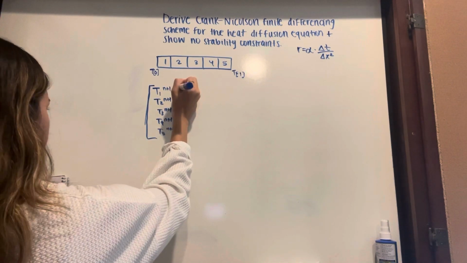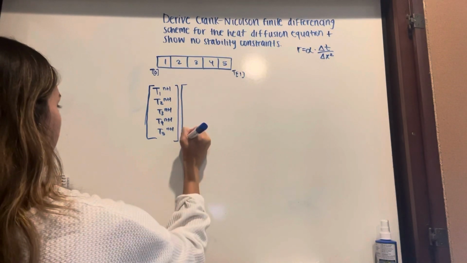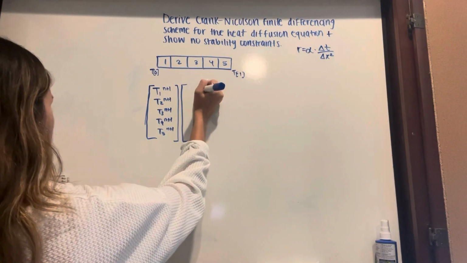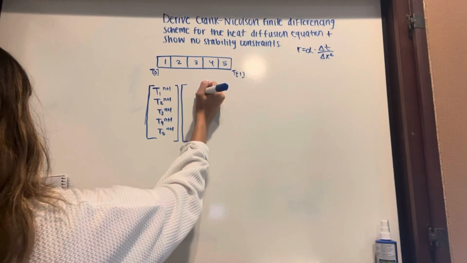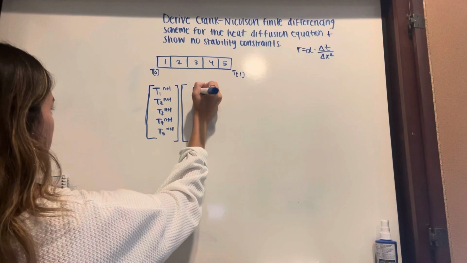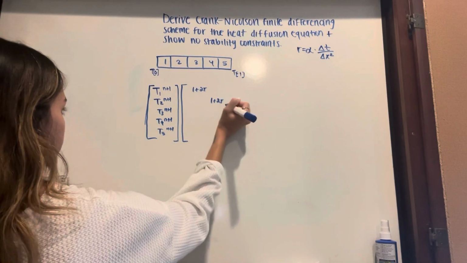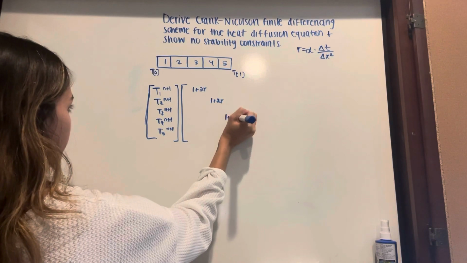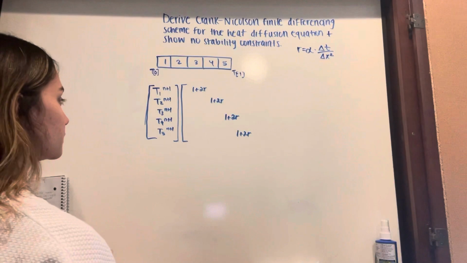Okay, and then for those values in our expression, we have a 1 plus 2r, a 1 plus 2r, a 1 plus 2r, and a 1 plus 2r to calculate for those.